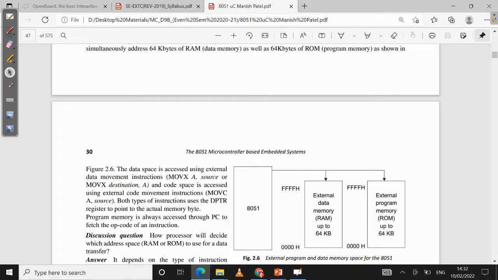Now if I ask you a general question, I want an answer from you. Whether this program counter is associated with the RAM or it is associated with the ROM, what is your answer? Program counter या फिर PC, is it associated with RAM or ROM?